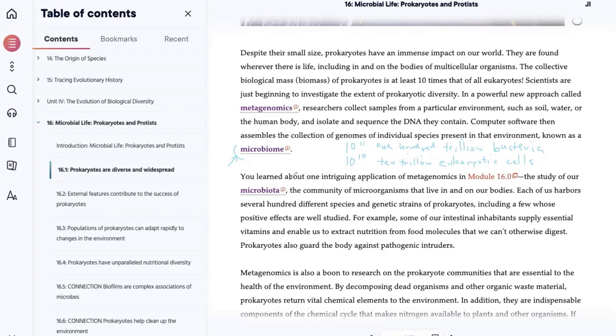Now, the reason why this is significant to us in 2022 is that every year there are a number of studies that are focusing on the microbiota, right? Your microbiota may be part of what determines whether you are relatively healthy or relatively sickly, right? Whether you are able to maintain a healthy weight, or whether you have a tendency towards obesity, right?